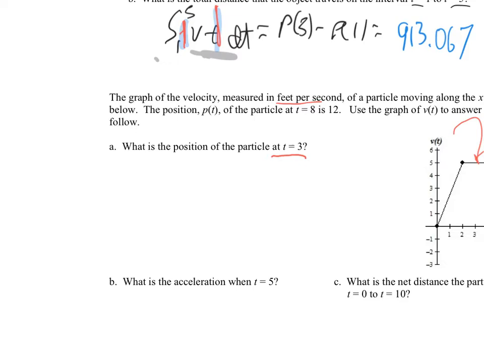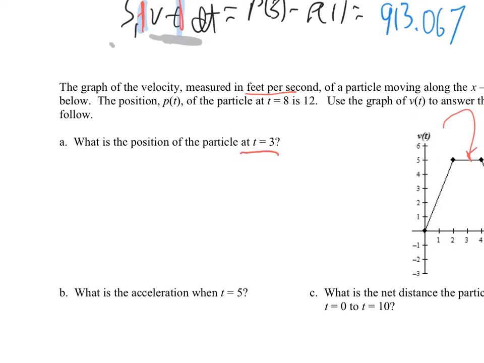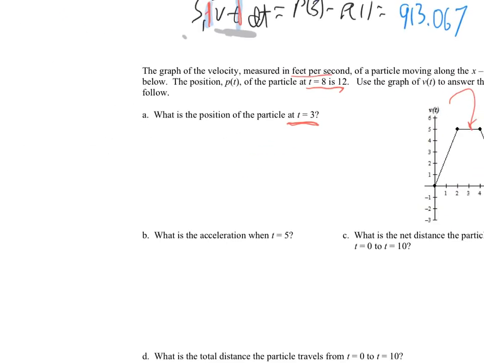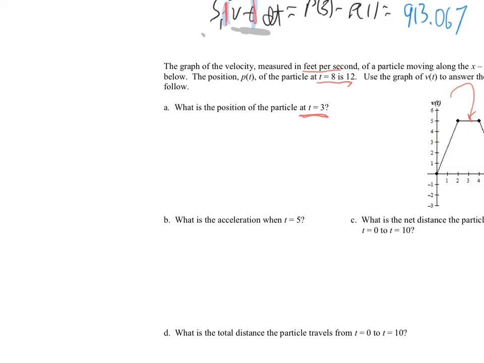Well, I'm going to set this up exactly as I set up the other problems. The only time periods I'm worried about are 3 and 8. And I know that at 8, it was 12. So I'm going to set the integral up: the integral from 3 to 8 of v of t dt will be equal to my position at 8 minus my position at 3.